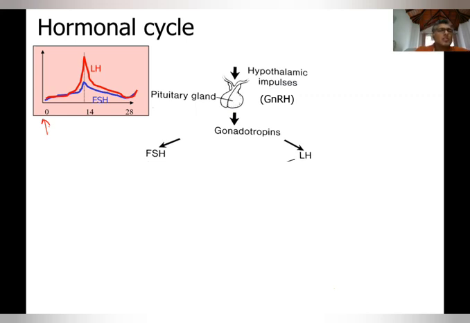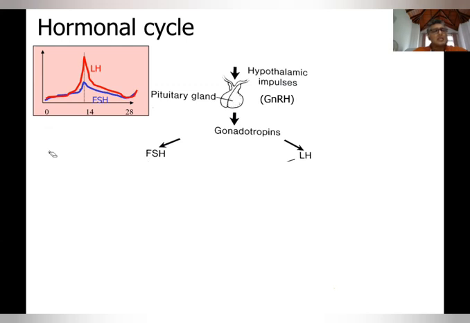Day 14 is roughly the time of ovulation, release of the ovum. And this is the beginning of the next menstrual period, the end of the current cycle.